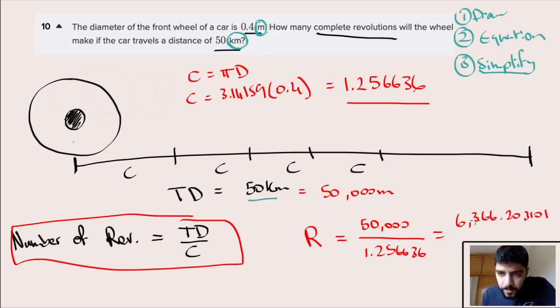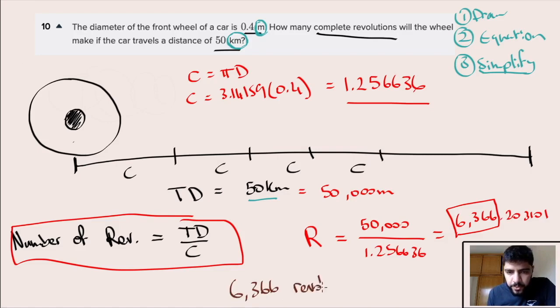Okay? So how many times did it turn? How many complete revolutions did it do? If we're talking about complete revolutions, then we just take the whole number here. We're not going to take any decimals, because then it wouldn't be complete. So our final answer would be this: 6,366 revolutions.